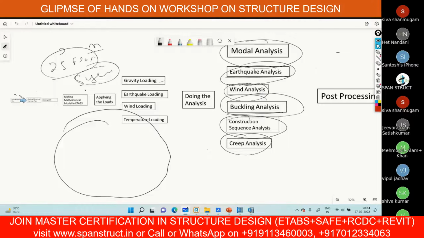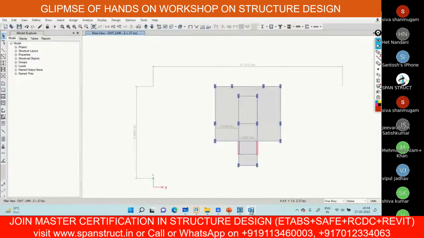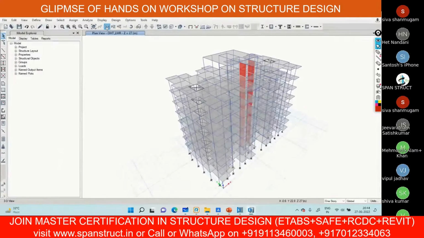When you are performing the analysis, you have to remember that we analyze our structure from top to bottom, with the load transferring from the top floor to the bottom, right? This is the way of transferring gravity loading. But you build the structure from bottom to top.